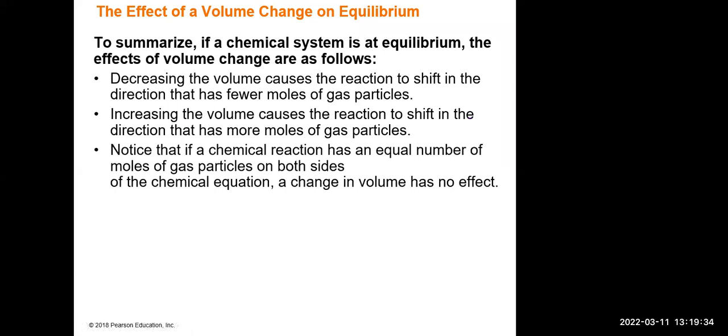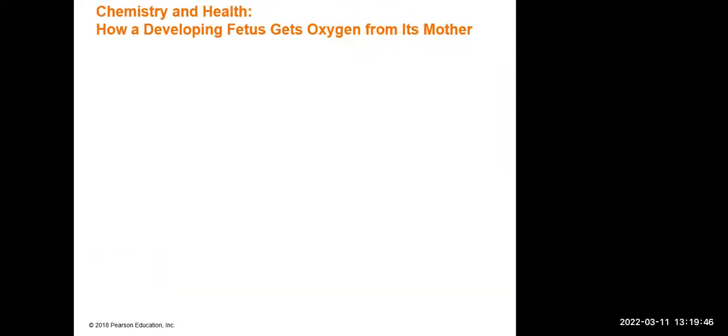Notice that if a chemical reaction has an equal number of moles of gas particles on both sides of the chemical equation, a change in volume has no effect. Or if your chemical reaction doesn't have any gas in the equilibrium, then changing the volume will also not shift the equilibrium.